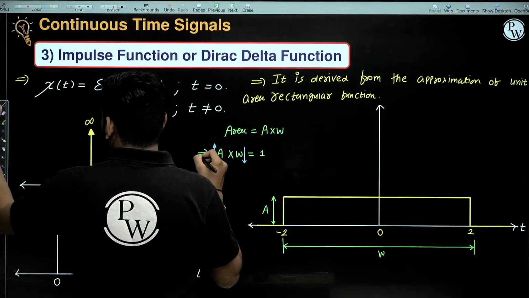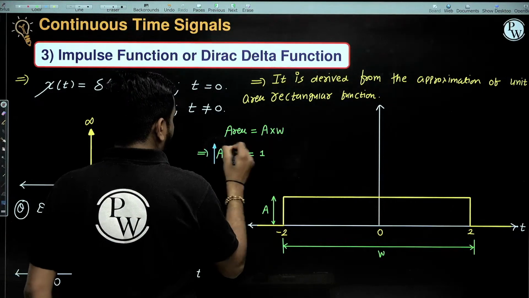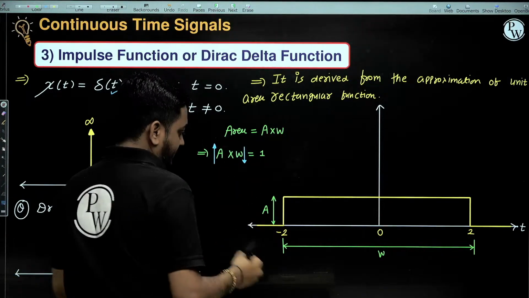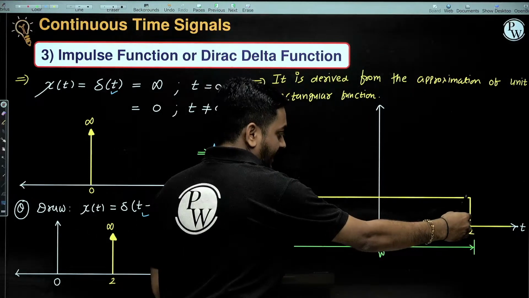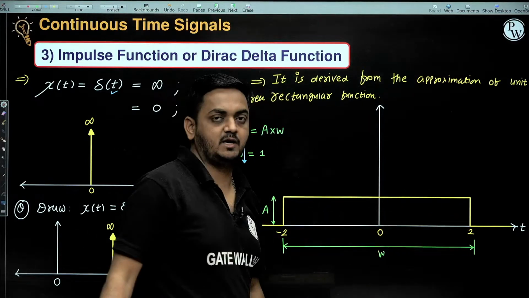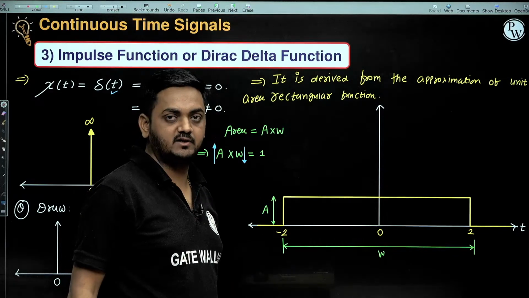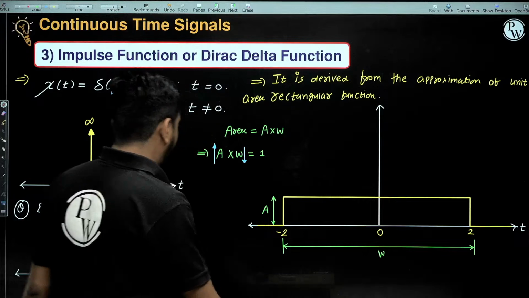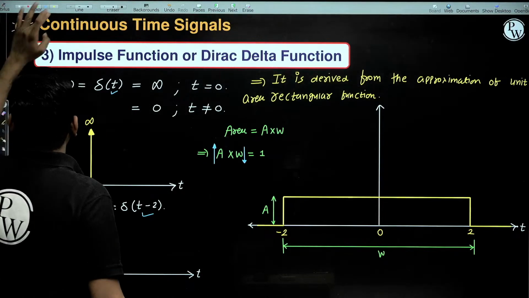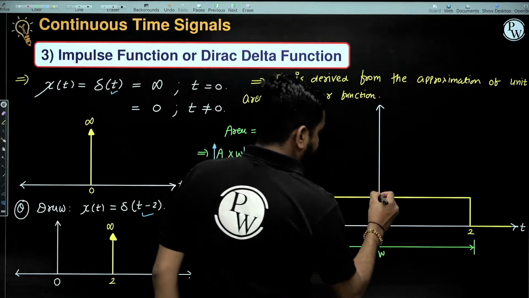As we decrease the pulse width of this rectangular function, the amplitude on the opposite side will increase with the same factor, guys. So here if area is equal to 1, then what is the amplitude?